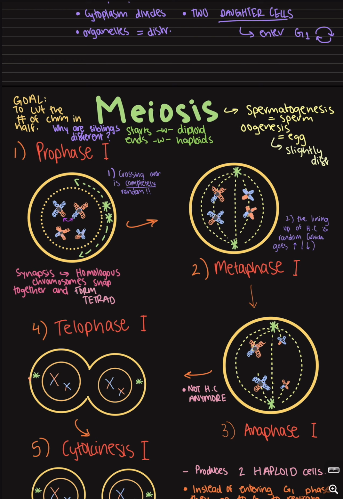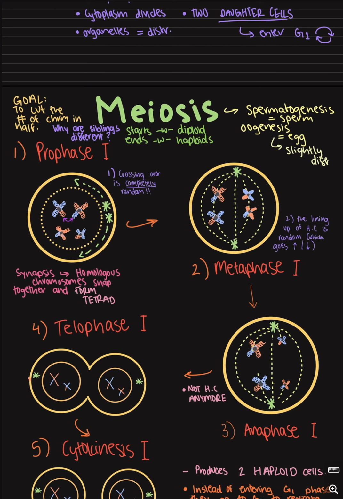Why would this occur? Because we know that all gamete cells are haploid, right? But they all start off from a diploid cell. So why do we want to cut this in half?